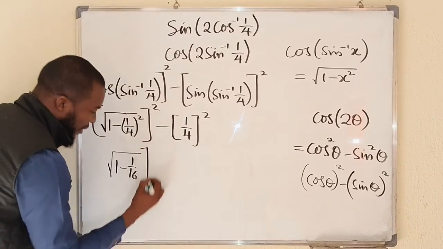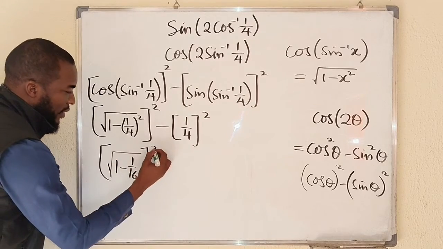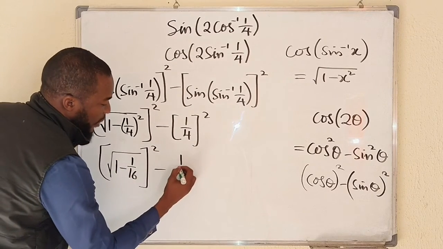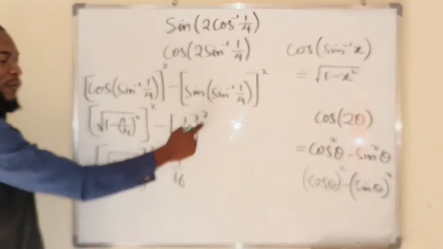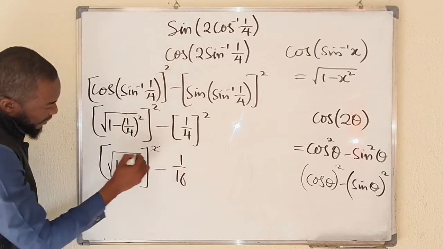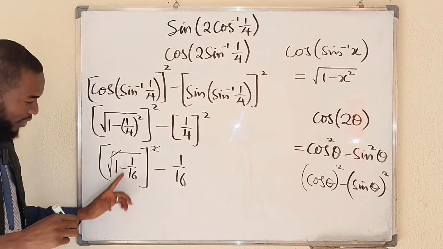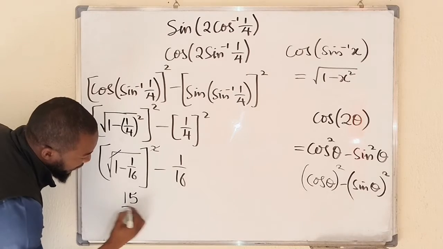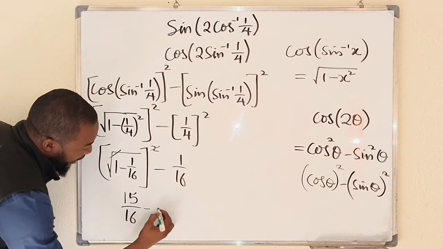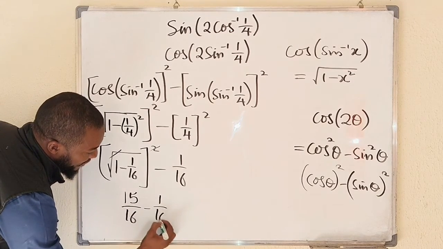Okay, let me just write it for the moment. Minus 1 over 16, because 1 squared is 1 and 4 squared is 16. So this will cancel this, and 1 minus 1 over 16 is the same thing as 15 over 16, minus 1 over 16.